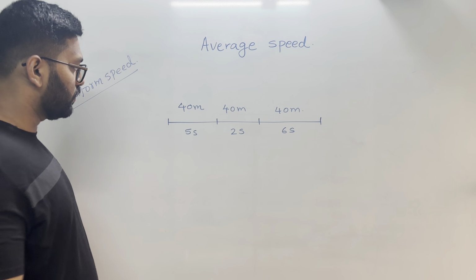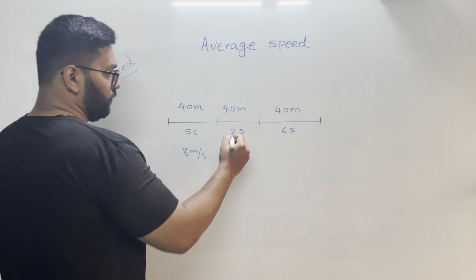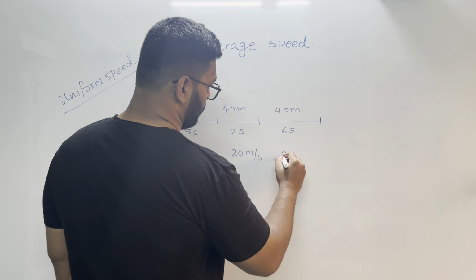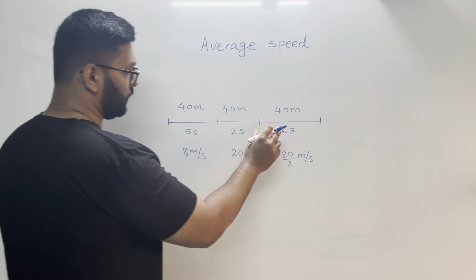If I take the ratio, it will be 8 meters per second for this interval, 20 meters per second for this interval, and 20 by 3 meters per second for this interval. So for each interval the speed is different. Such a case is called non-uniform speed.